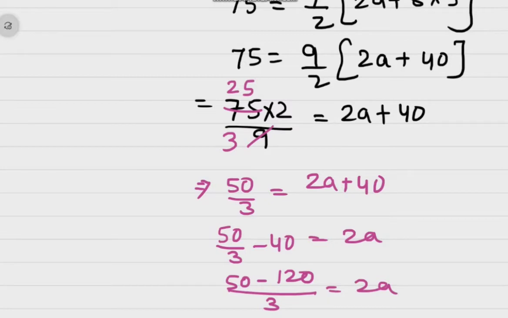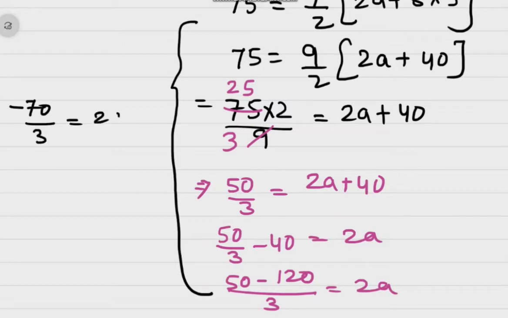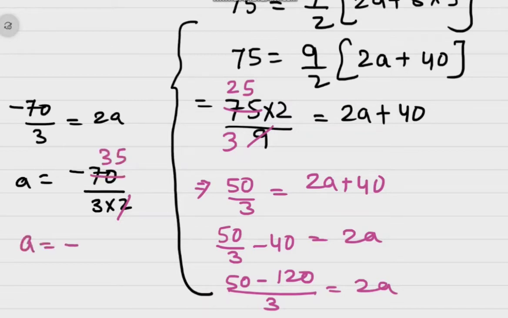Let me do it this side, no problem, you can see it properly. So here I am doing 50 minus 120, which will be minus 70. So minus 70 by 3 will be equal to 2A, or A will be equal to minus 70 by 3 into 2. Dear children, you can understand that we can cancel 2 as well as 70. So 2 35s are 70. So your A is nothing but minus 35 by 3.